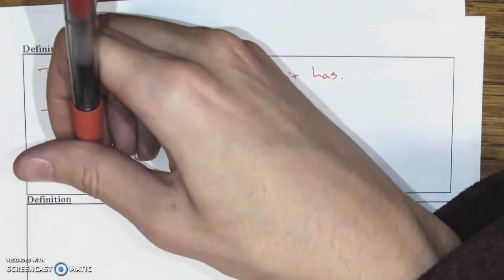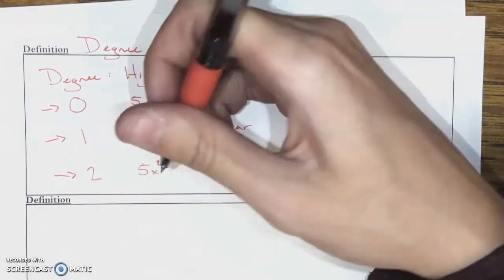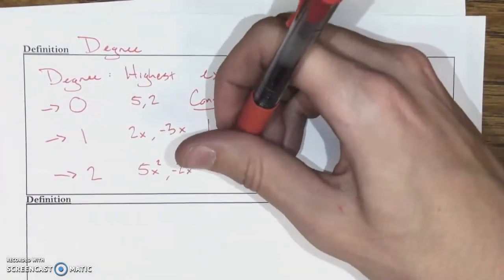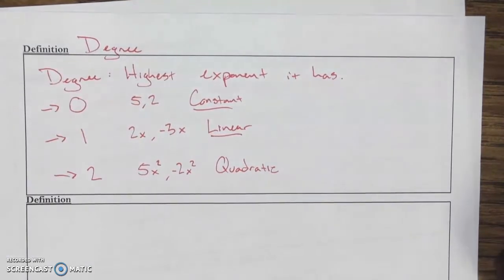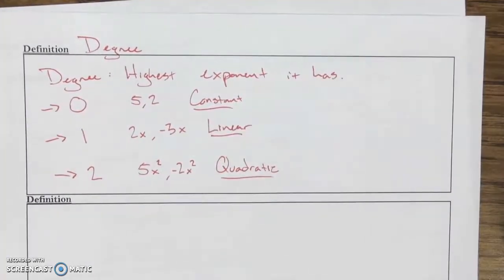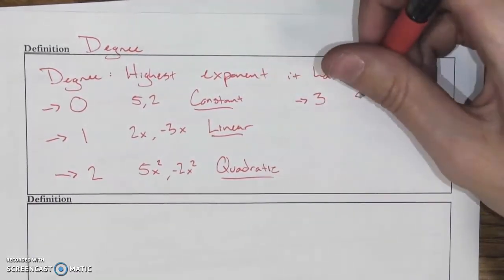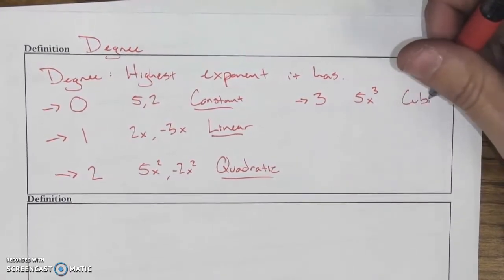If the degree is 2, or the highest exponent is 2, examples include 5x squared or negative 2x squared. We call that a quadratic. If the highest exponent is 3, or the degree is 3, an example could be like 5x cubed. We call that a cubic.